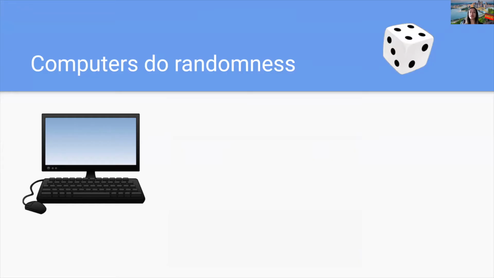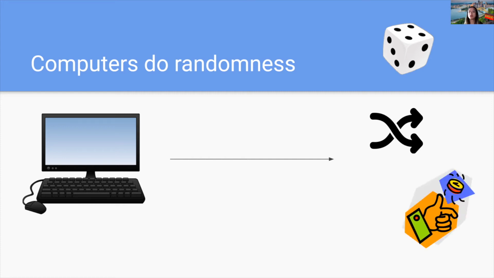What if we wanted to be able to model a random process with a computer? For example, what if we wanted to use a computer to choose a random song from your favorite playlist using shuffle, or perform a random coin flip, or to choose a number randomly between 1 and 10? Well, in order for computers to perform any task, we need to provide them with a set of instructions using code.